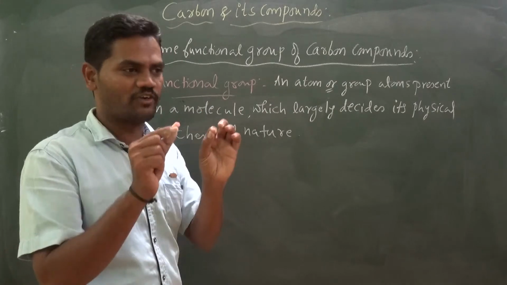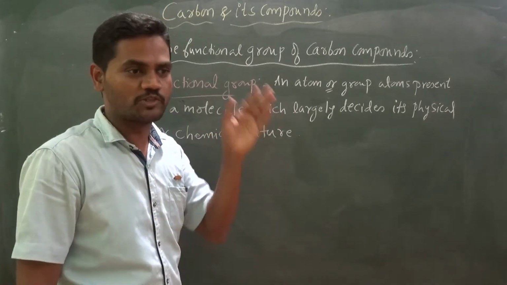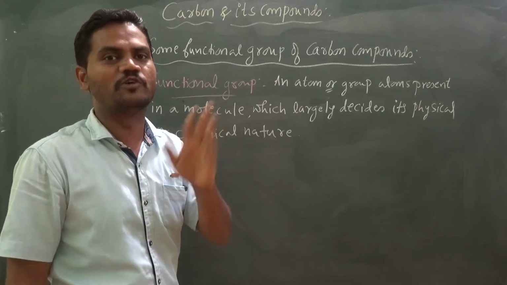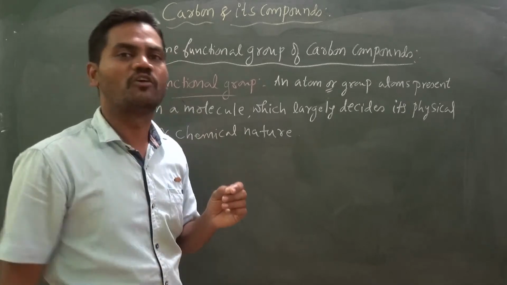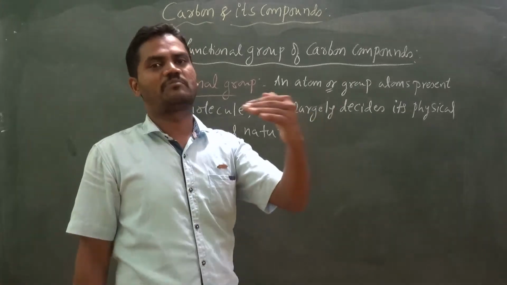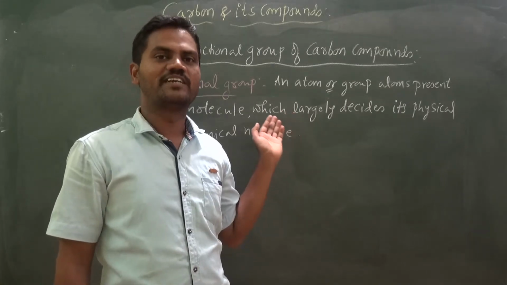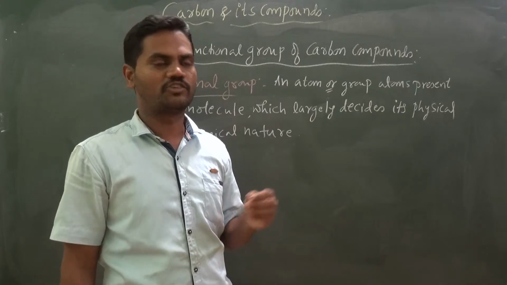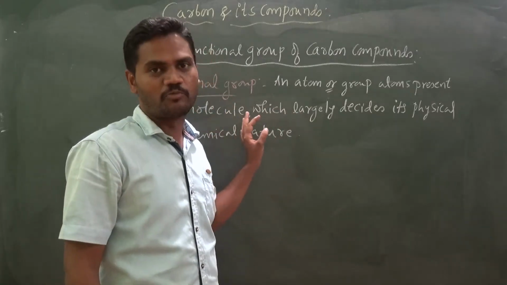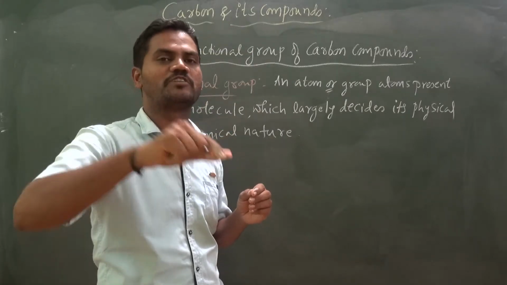Okay, by seeing it only, oh, this carbon compound belongs to the alcohol group. Suppose OH is present, a carbon compound containing the OH group as a functional group, then that belongs to the alcohols. Then suppose a carbon compound contains CHO, that is the aldehyde group, then it belongs to the aldehydes. So by seeing the functional group only, we can decide this carbon compound belongs to the aldehyde.